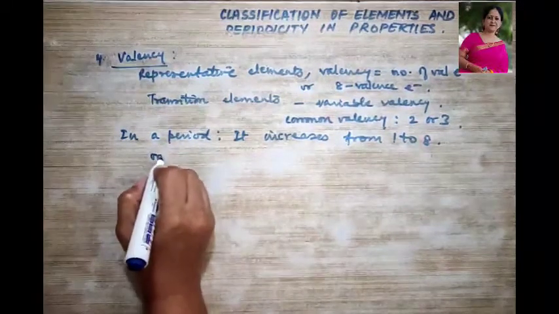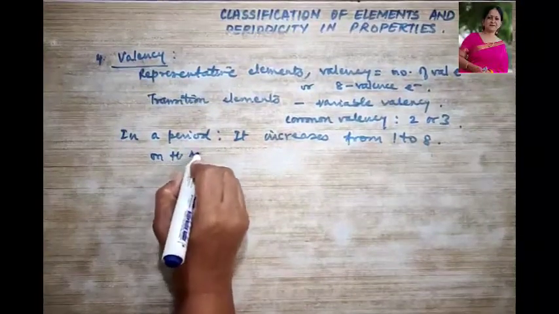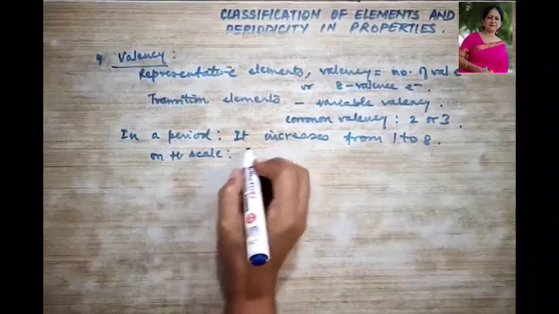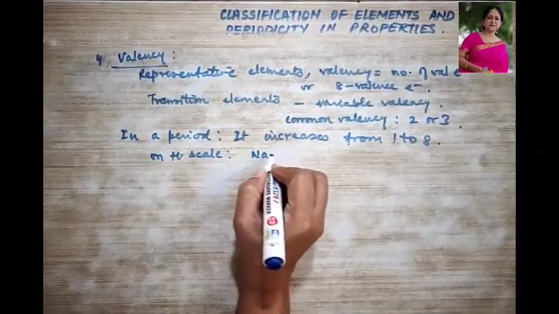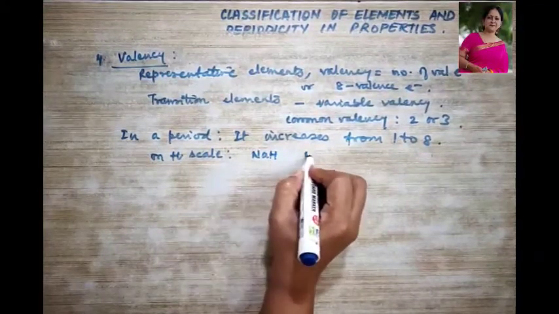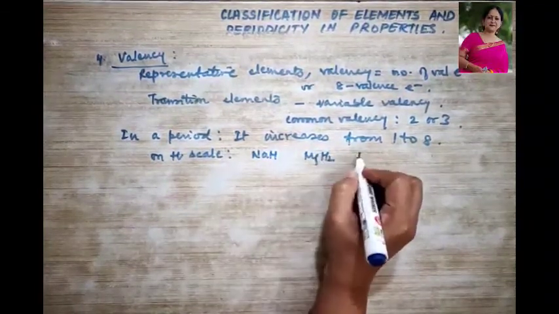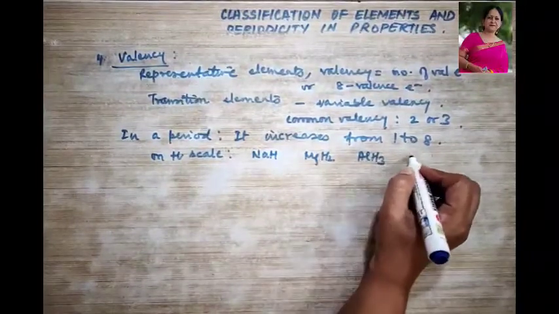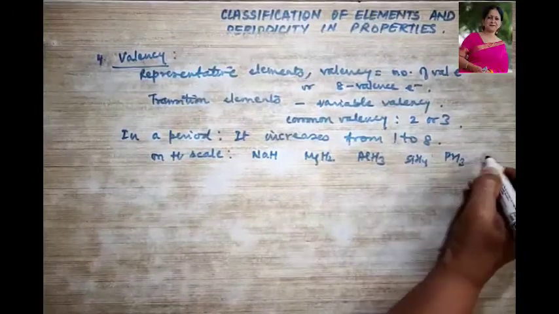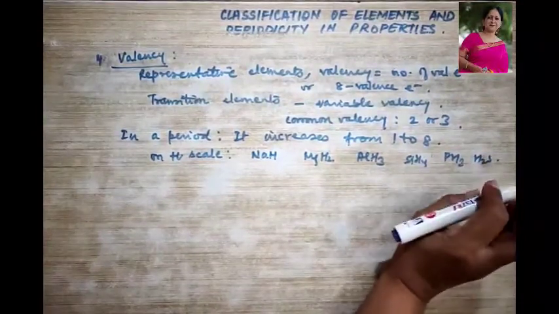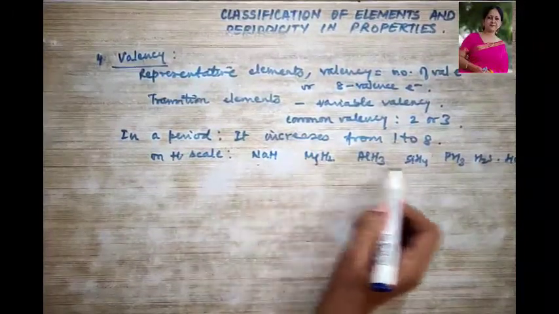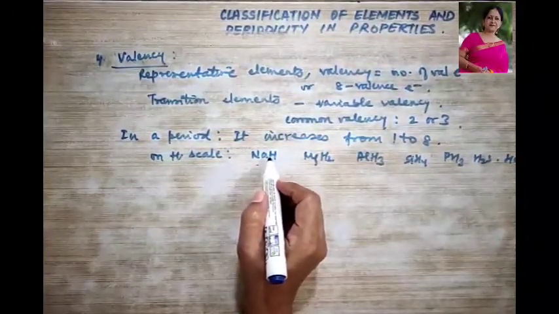But on the hydrogen scale, let's look at some examples. Say I take the third period elements with the compounds NaH, MgH2, AlH3, SiH4, PH3, H2S and HCl is the last one. So over here, what are we going to observe about the valency?